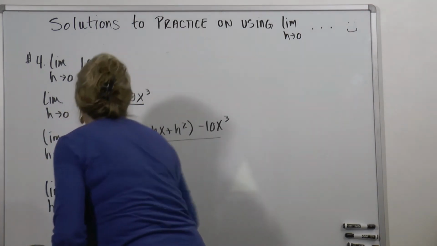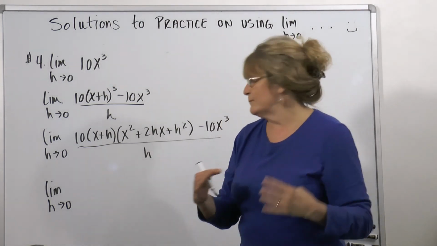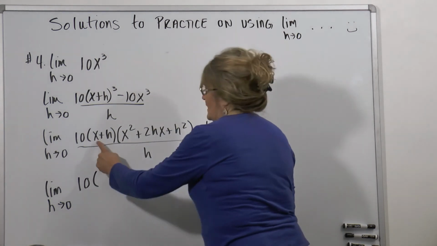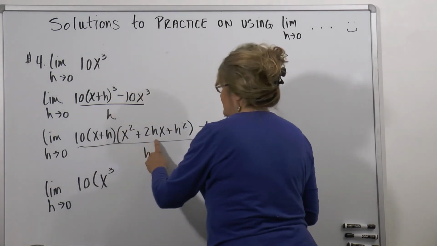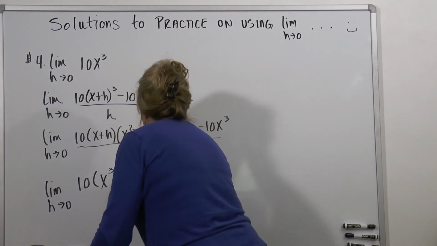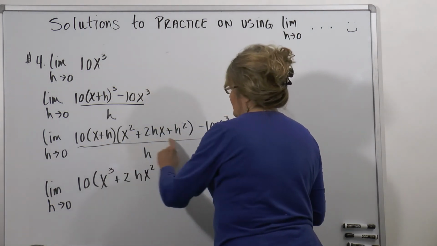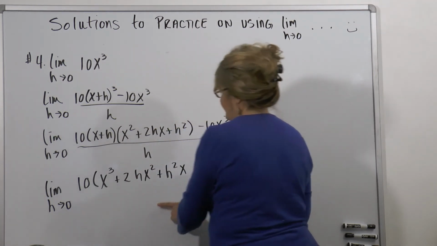Again, as I do this, I'm going to put them in alphabetical order so it's easier to get my like terms. So there's my 10. x times x squared is x to the third. x times 2hx is 2hx squared. x times h squared is going to be h squared x.